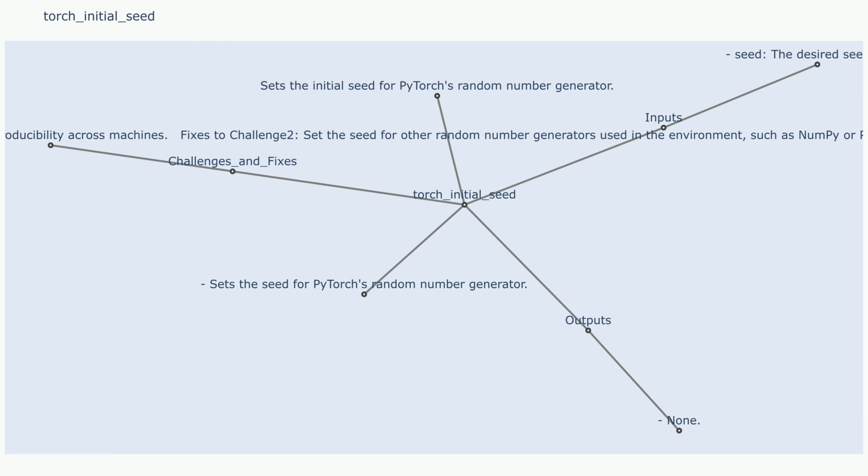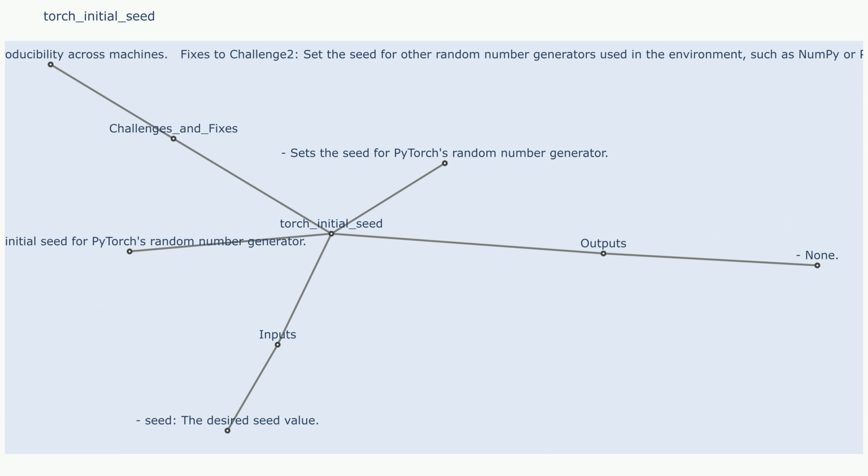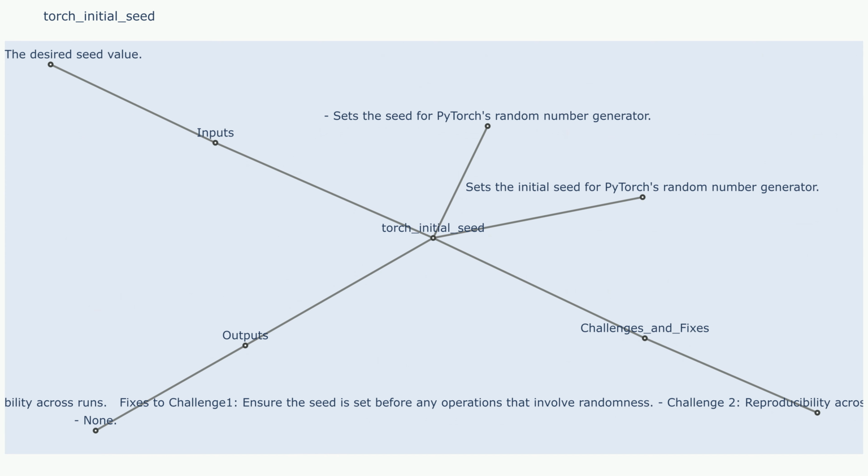A model trained on one machine might perform differently when deployed on another machine, even with the same seed. Fixes to challenge 2. Use torch.manual_seed to set the seed for both CPU and CUDA GPU devices. Use a deterministic backend for PyTorch if possible to ensure consistent behavior.